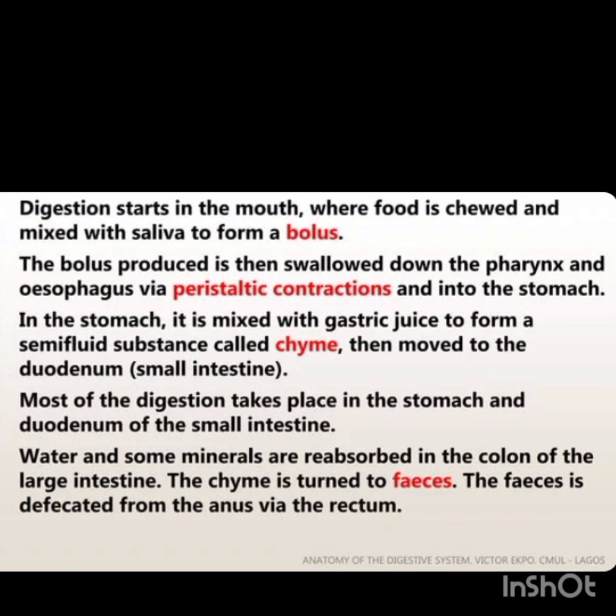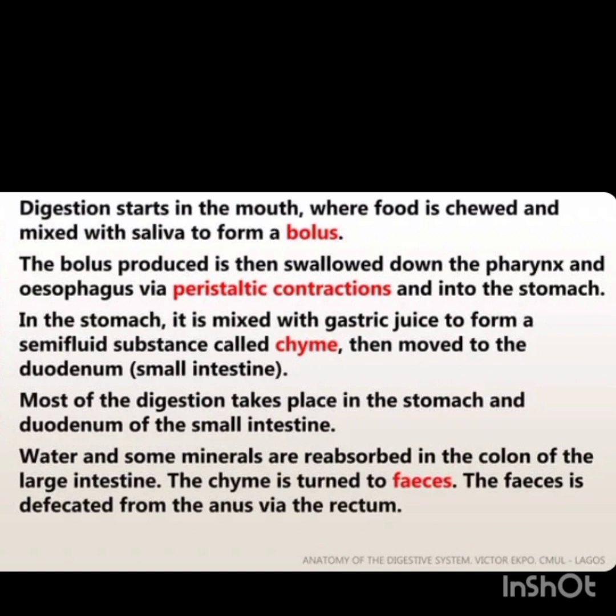Every tube should have movement to pass the content. Likewise, our gastrointestinal tract has peristaltic contractions, or peristaltic movements, which are wave-like movements of the intestines to push the food down to the stomach.